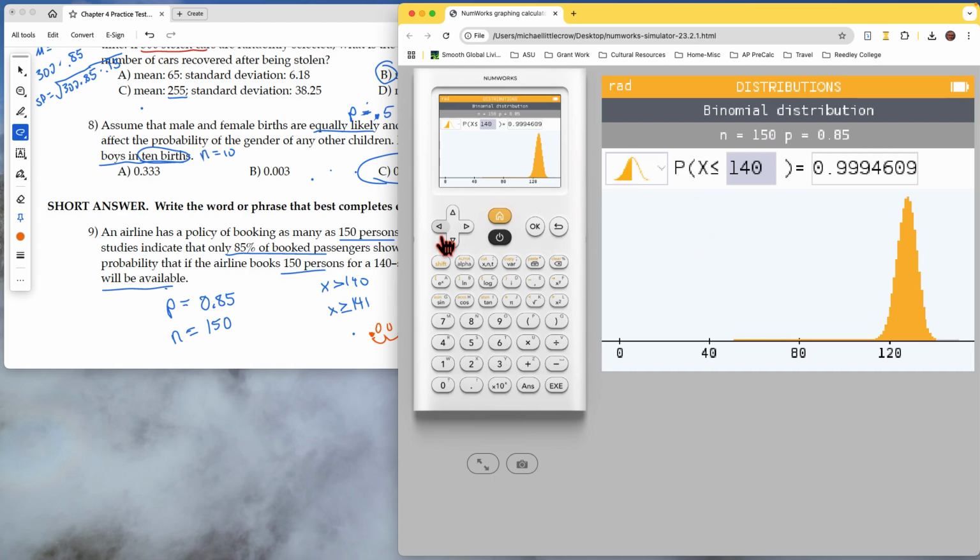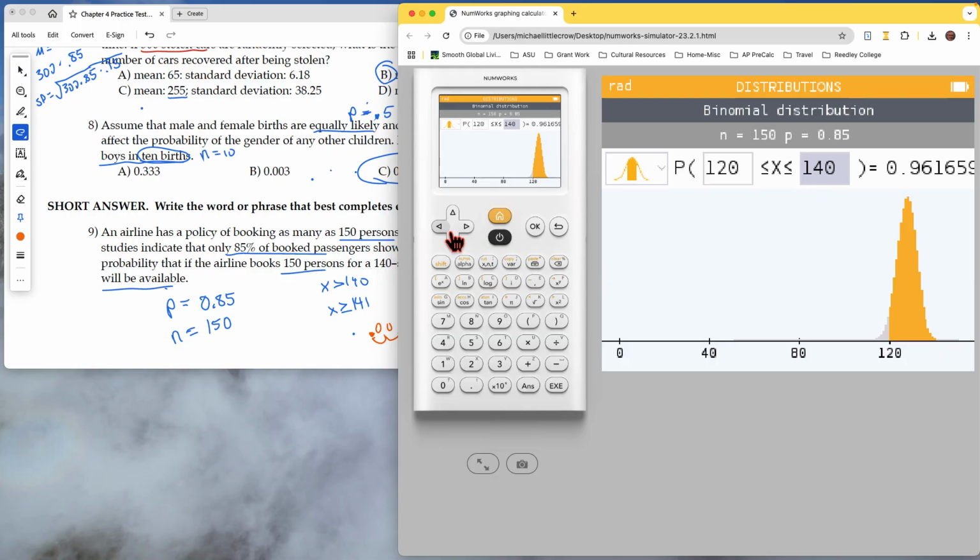So, one thing you might say, oh, I don't know, test is over, so maybe you're done. But I just like to play with these a little bit. Let's go 120 to 140. So that's a pretty full plane. 96% of the time you could fly with that by booking the 150.